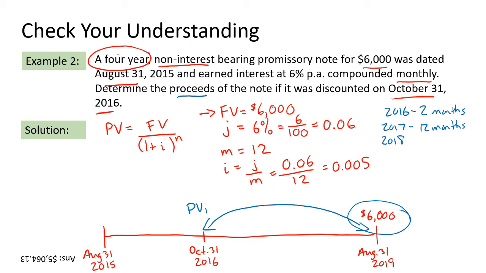So 2018 is 12 months as well. And 2019, you've got January, February, March, April, May, June, July, and August, because it's the end of August. So that means you have 8 months in 2019. So if you add all of these up, you end up with a total amount of time of 34 months.